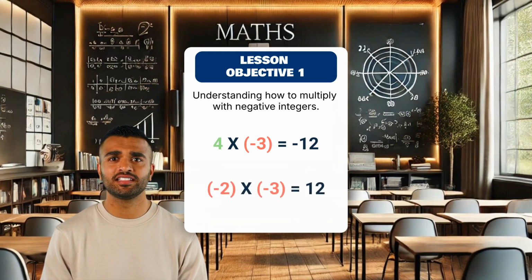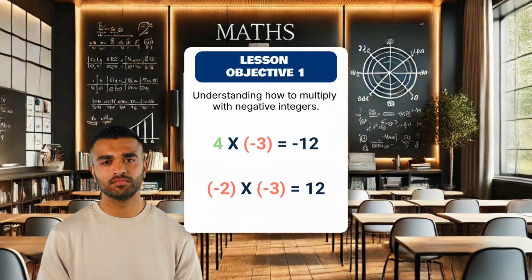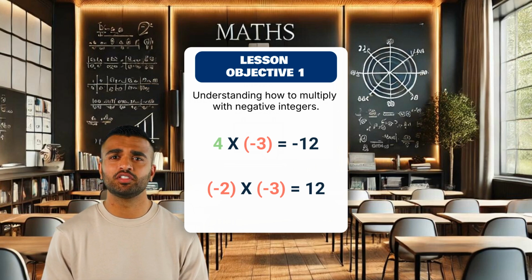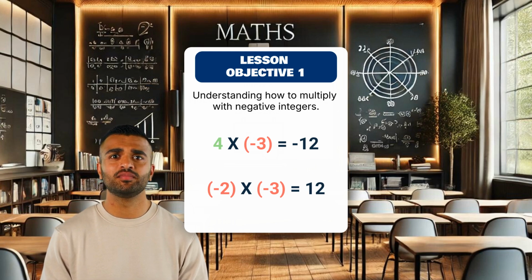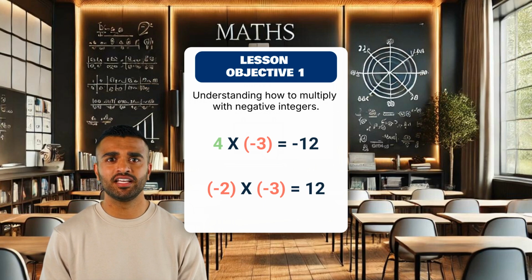For the first case, we learned that a positive number multiplied by a negative number results in a negative product. In the second case of multiplying two negative integers, we demonstrated that the product of two negative numbers is positive. Understanding and applying these rules enables us to confidently handle multiplication involving negative integers, enhancing our problem-solving skills in mathematics.